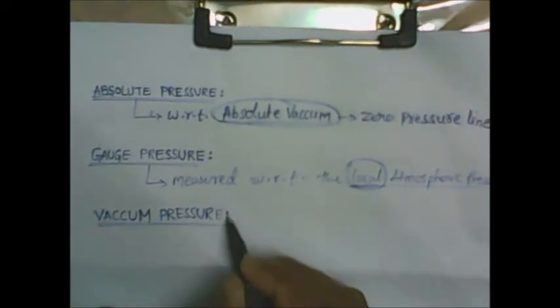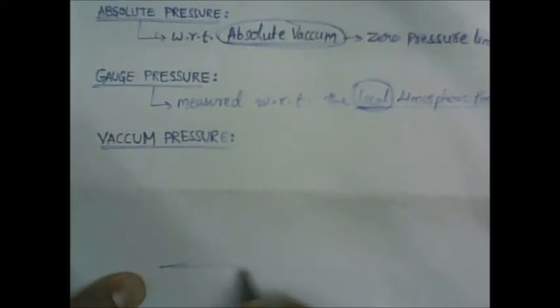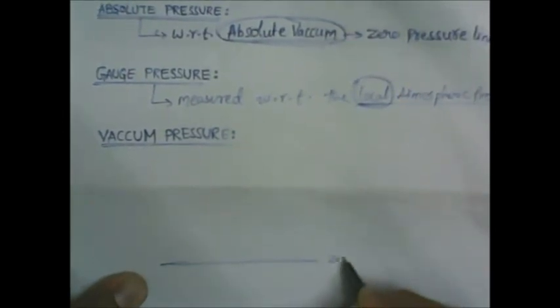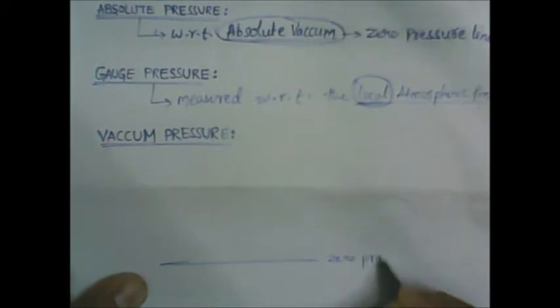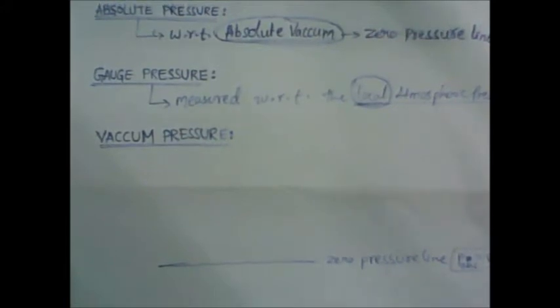Vacuum pressure, I will describe with a diagram, then it will become clear. Say this is the zero pressure line, where P absolute equals 0, the absolute vacuum.